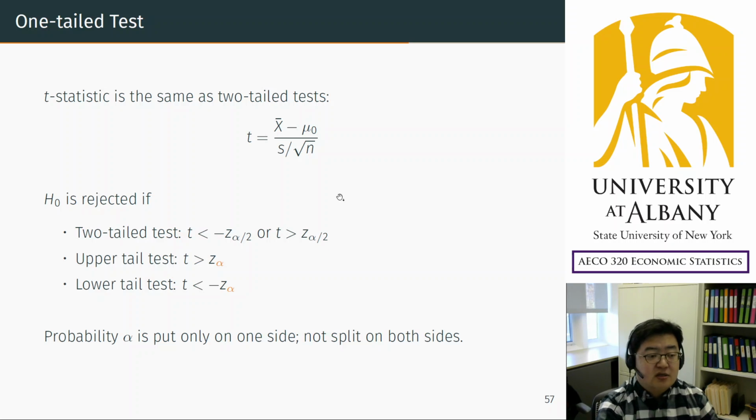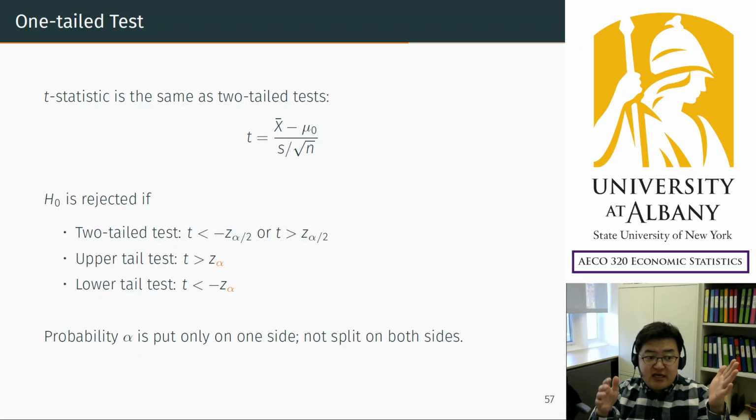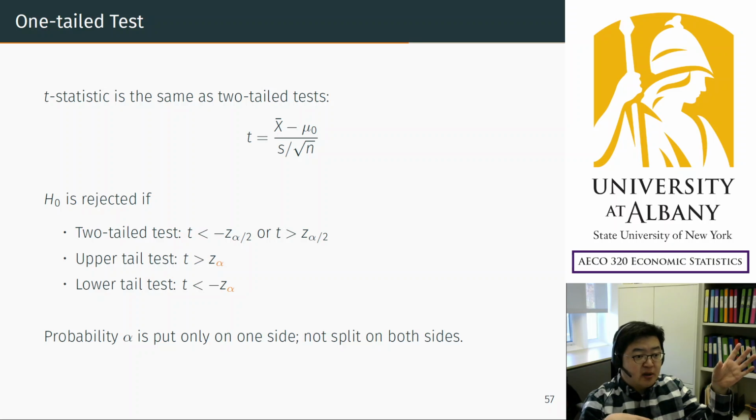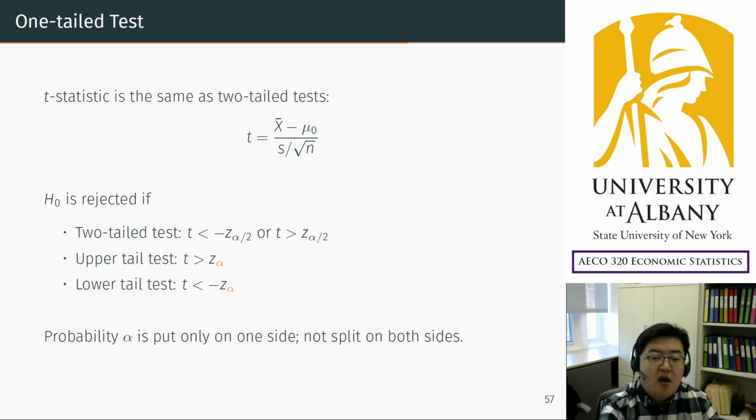So your z alpha over 2 is the value that gives you alpha over 2 probability on both tails. But now, upper tail test, you reject only when t is greater than something positive. Of course, lower tail test will reject the null if the t-statistic is smaller than something negative.